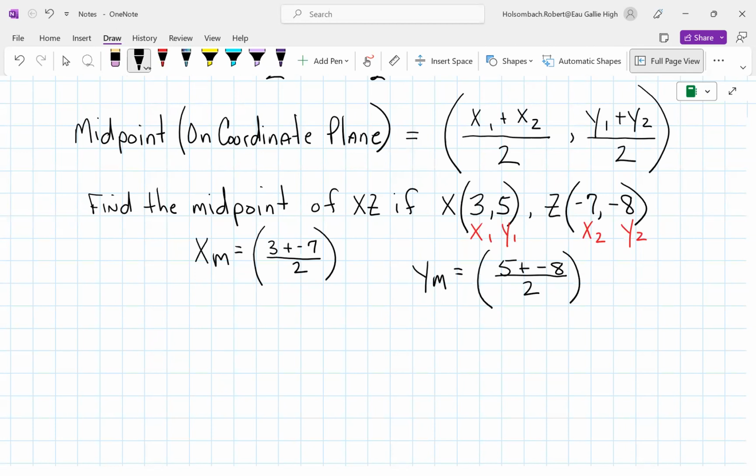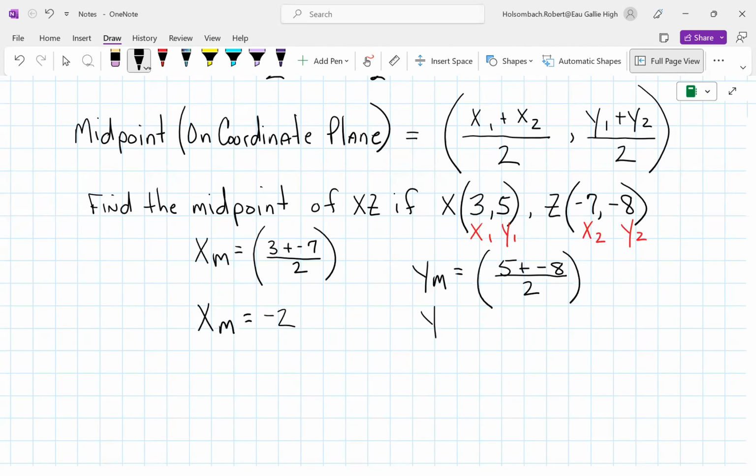All right, so here we go. X at the middle. 3 plus -7 is -4 divided by 2. We got x at the middle is -2.